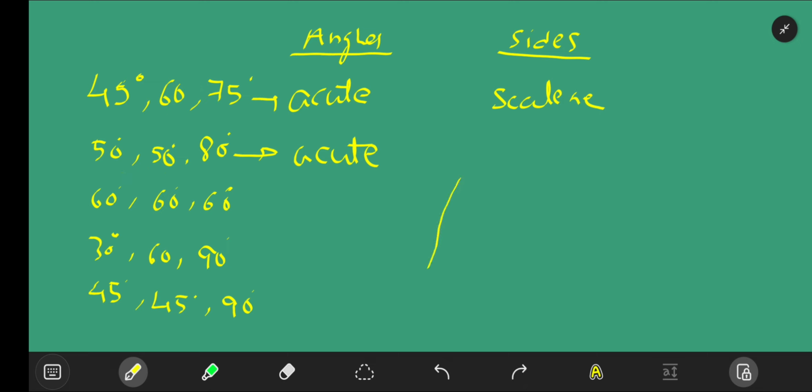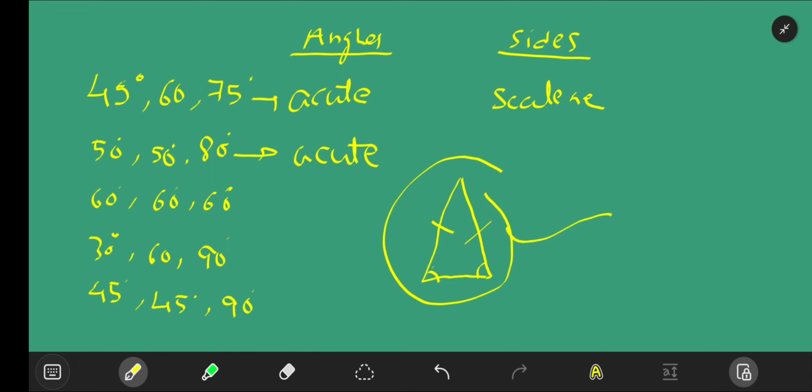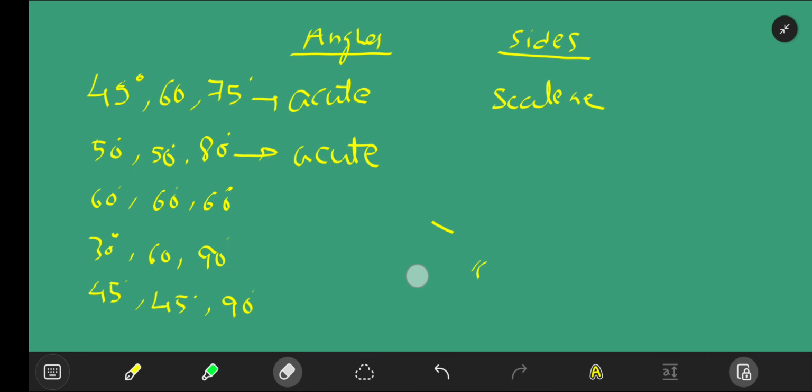When there are two sides equal, then two angles are equal. At the time of isosceles triangle only this condition will come. Two angles will be equal. So this is isosceles triangle.